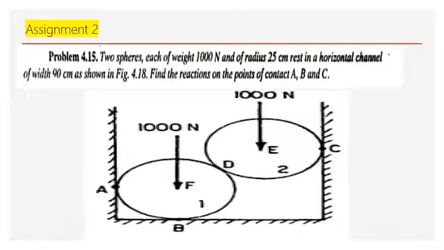So this is the assignment for section B: two spheres each of weight 1000 Newton and of radius 25 centimeter. Both are of the same radius and of the same weight. Rest in a horizontal channel of width 90 centimeter. Find the reactions at the points of contact A, B, C and D.